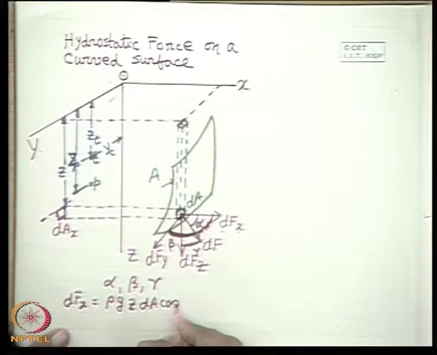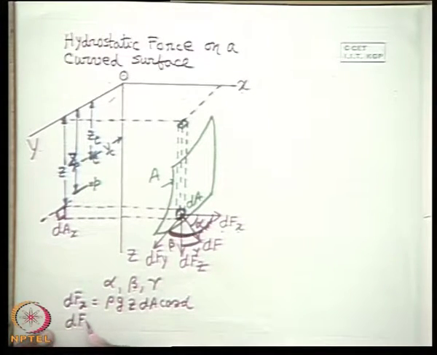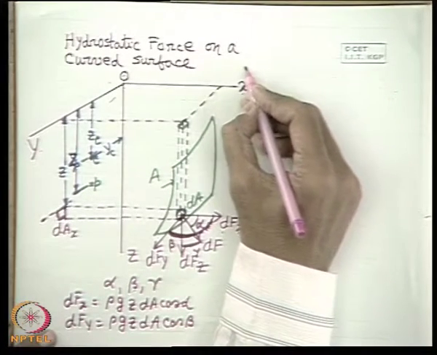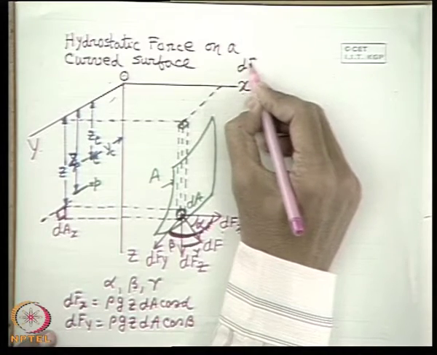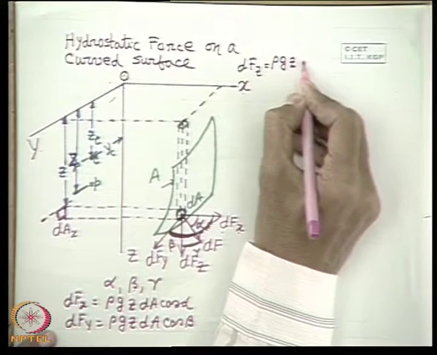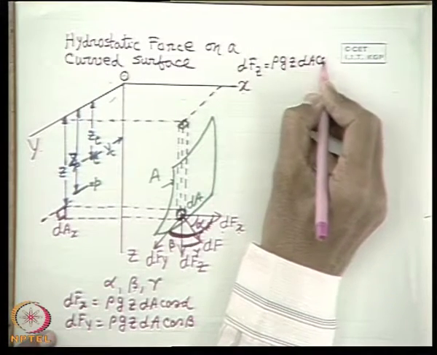Very good. What is dFy? Rho g z dA cos beta. And what is dFz? That is rho g z dA cos gamma.